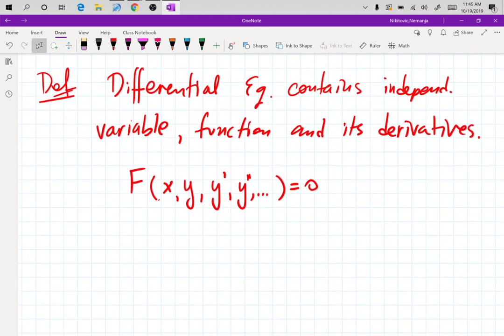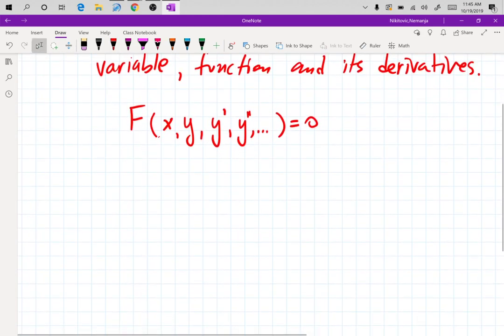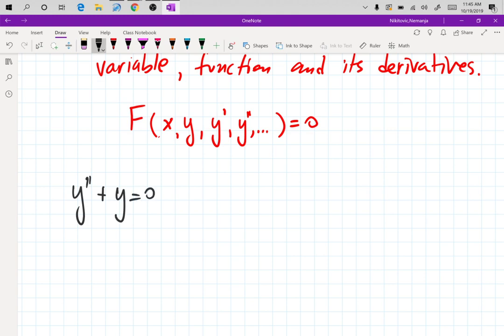Let's see some examples. Let's say y double prime plus y equals 0. And y double prime plus y equals sine t, t being the independent variable. Generally in differential equations, we like to use not x, but t as the independent variable because t represents time.